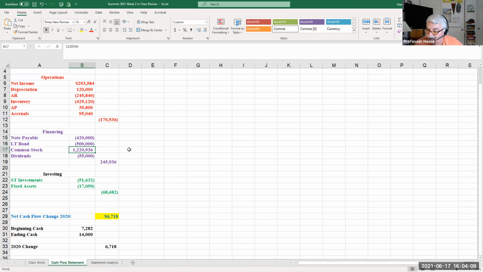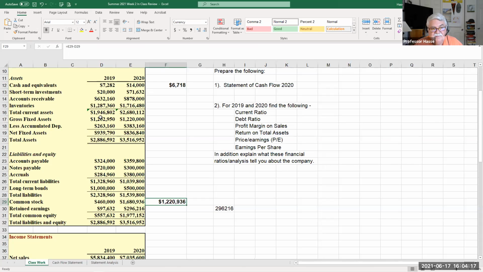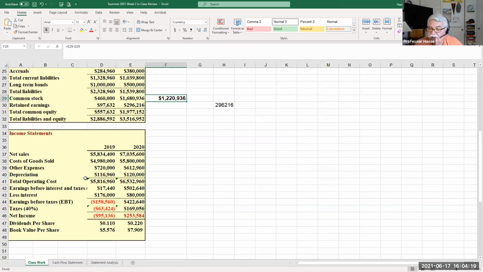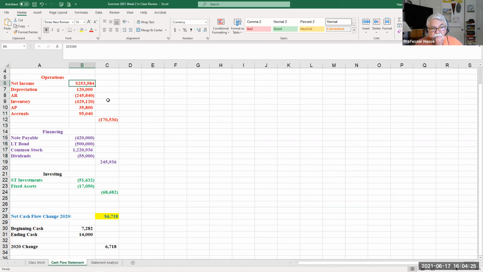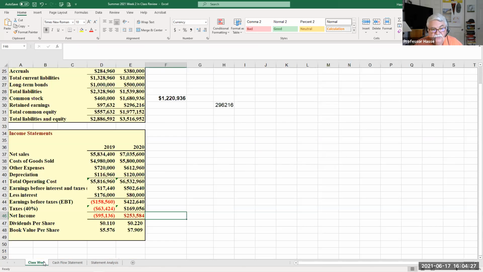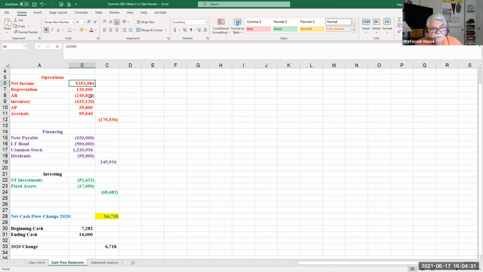That's cash coming in for the issuance of common stock. All these cash flow statement items come from these deltas in the financials. Profits, 253,584. There they are right there. Depreciation, 120,000. There it is right there.